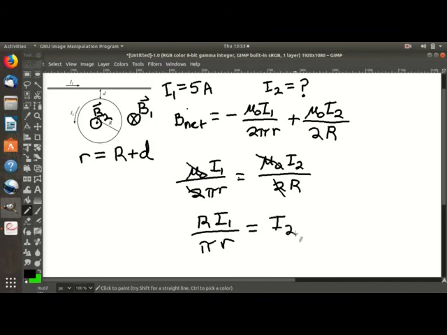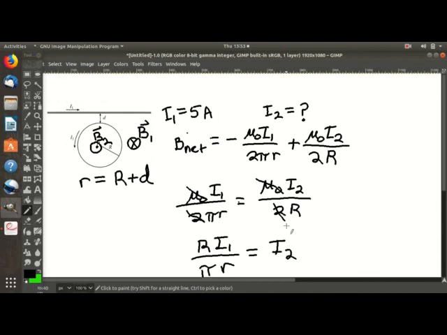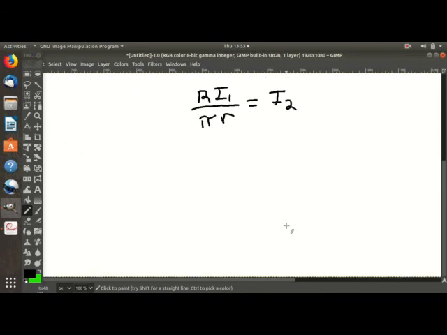Alright, so we've done all the hard work now, and the last step is we just need to plug in values to solve for what this current is. So in the problem, we're told that this big R is 8 millimeters. So don't forget to convert that to SI units. And we're told that the first current is 5 amps.